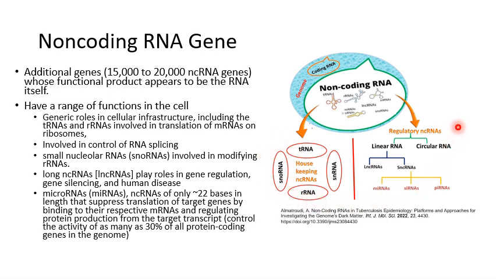And other long non-coding RNA families that play a role in gene regulation, silencing, and human disease. And the last type of RNA is what we call microRNA, which is very small but very powerful. They suppress the translation of target genes by binding to their mRNA and regulating the protein production of the target transcript. So they more or less control the activity of the protein coding genes in the genome.